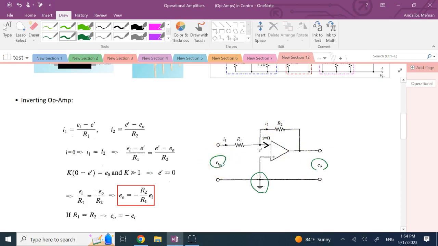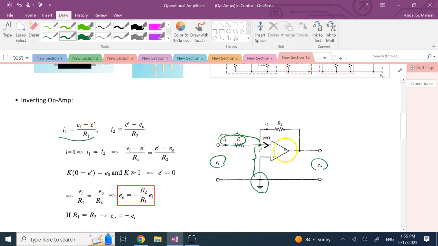So first thing is, between these two points, we write the circuit KVL law, which says the difference between E prime, if you call the voltage at that node, between that point and the ground, basically this whole thing, if you call it E prime, EI minus E prime is R1 times I1, and I is the current in this line here, okay?